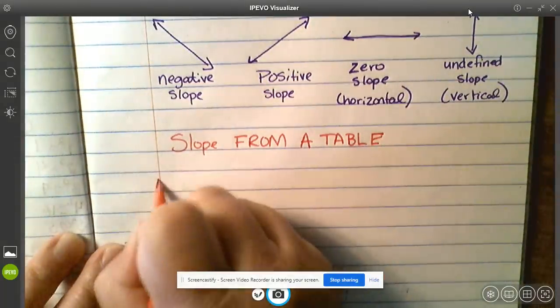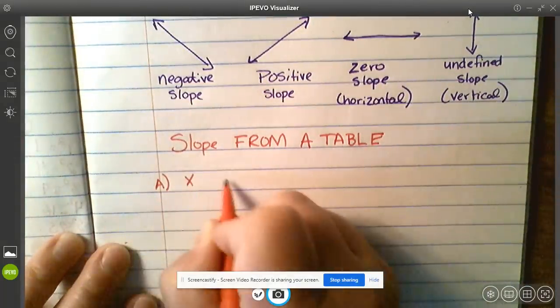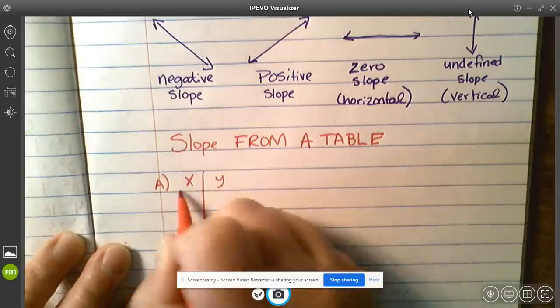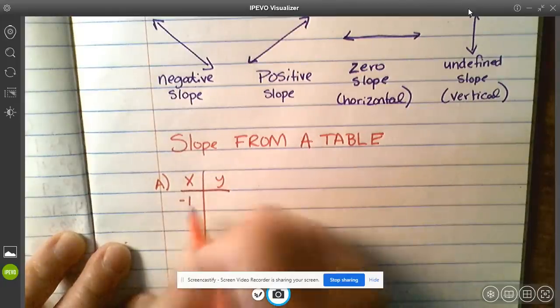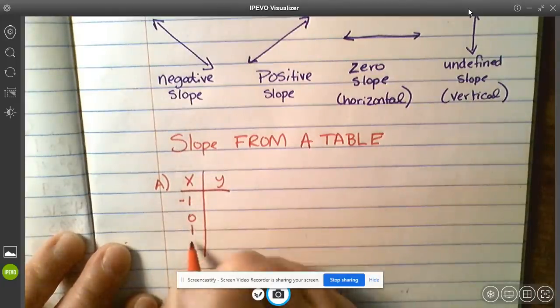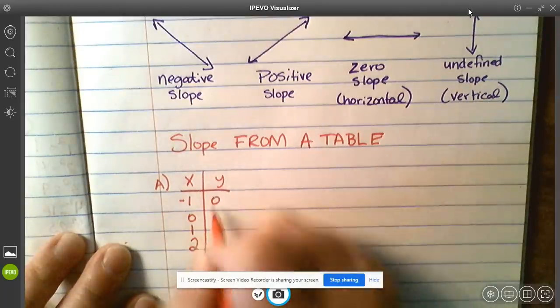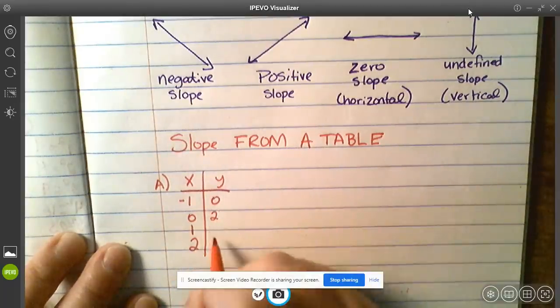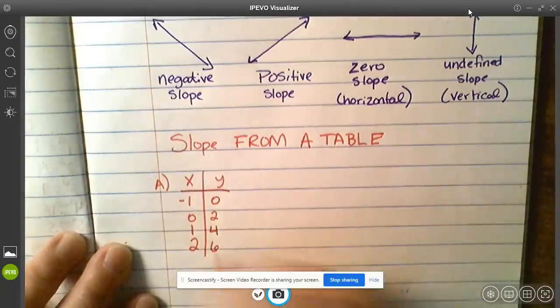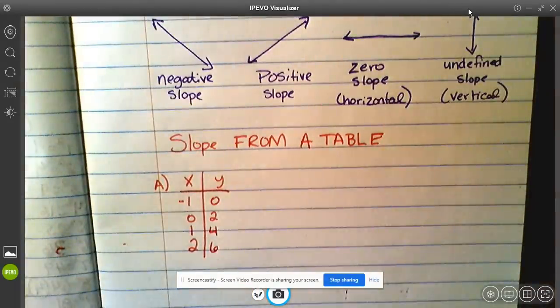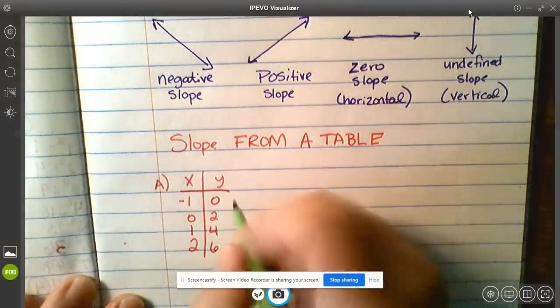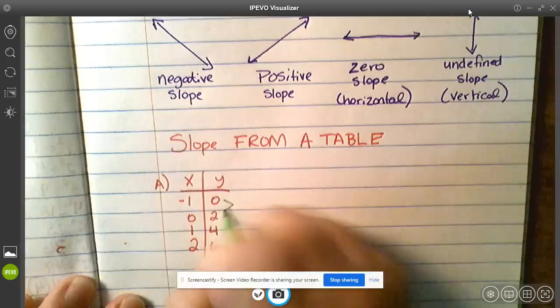So here's my first table. And to find our slope, we're going to find the change in y and put it over the change in x. So here's our change in y.